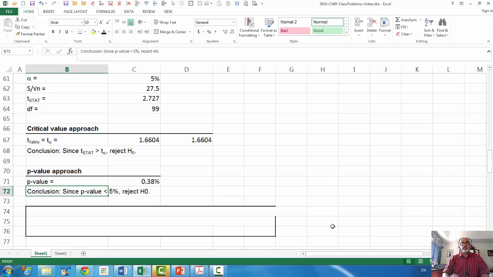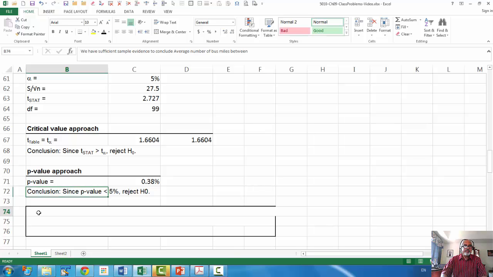So now we have to interpret. Once again, remember, there are two parts of the interpretation: that we have sufficient evidence or we do not have sufficient evidence to reject the condition stated in the null hypothesis, and then the probability of type 1 error.